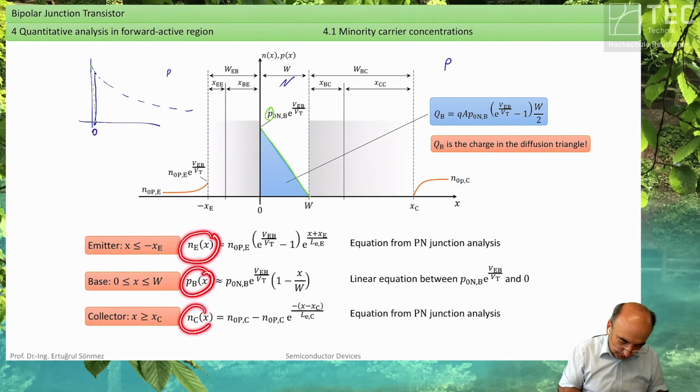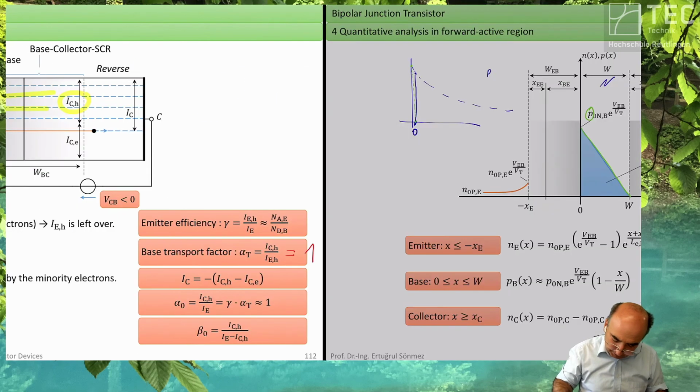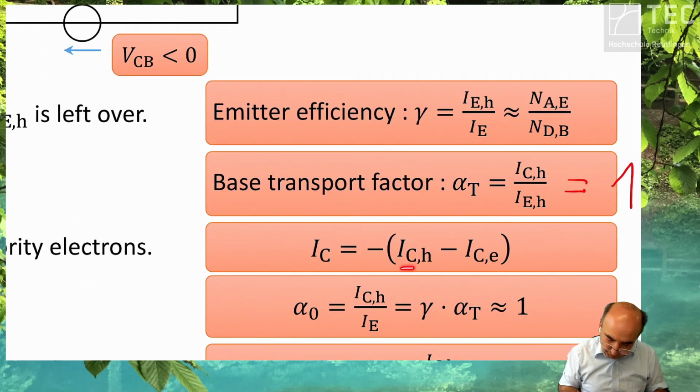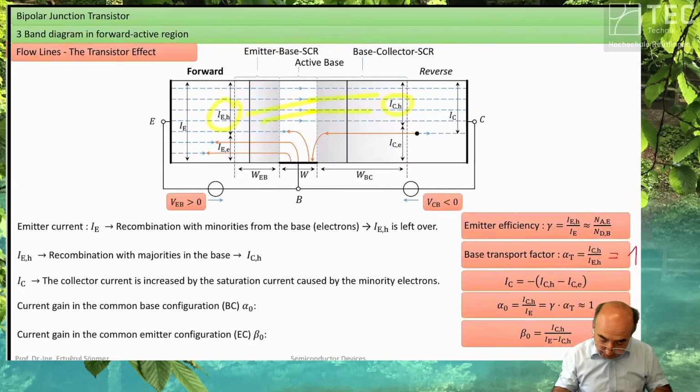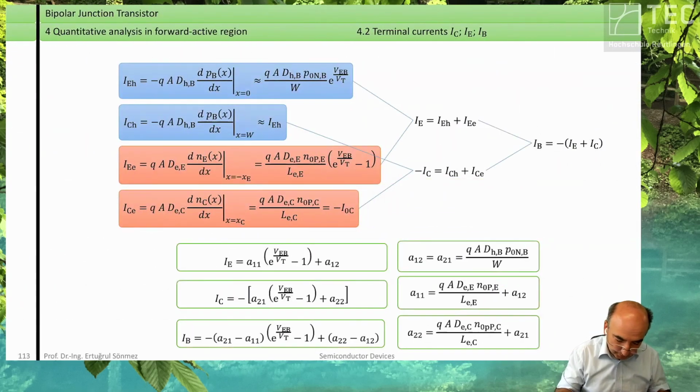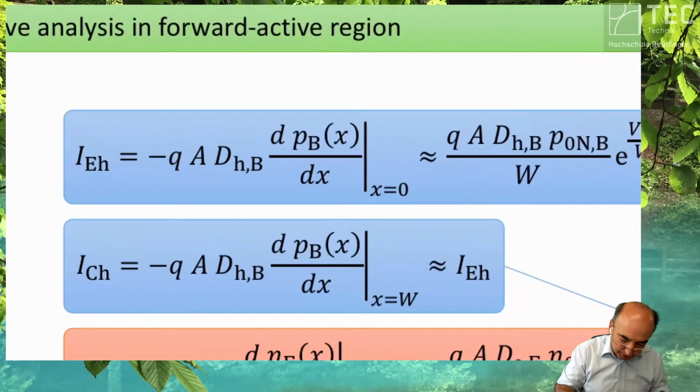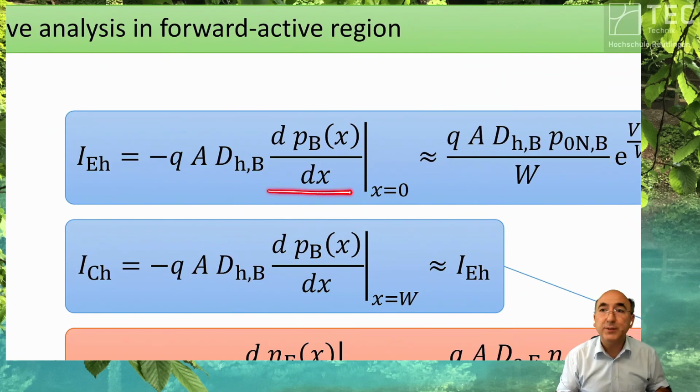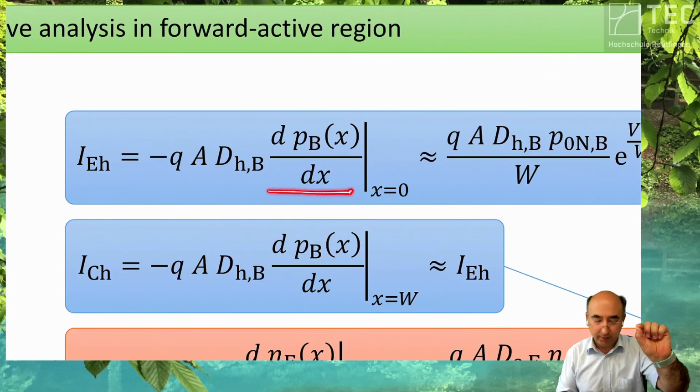N, P, N, and we know the equations here. How do we get the current? We get the current by the first derivative, like in the PN diode.